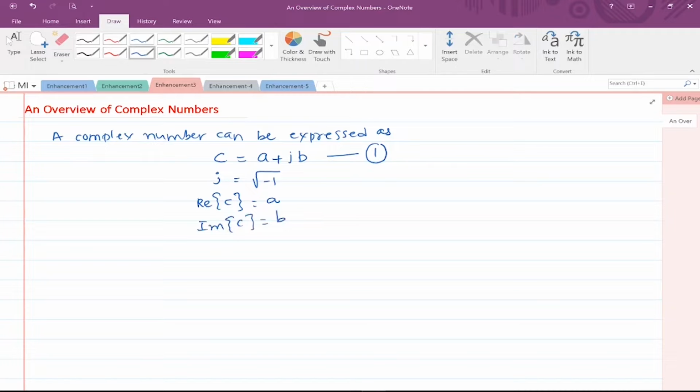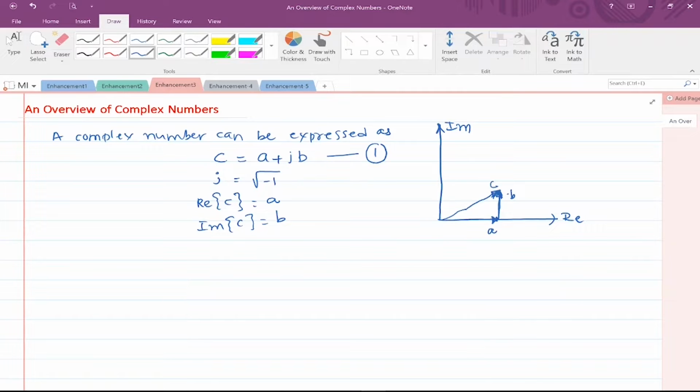So you have on one axis the real part, and on the other axis the imaginary part. This has a magnitude of a on the real axis and a magnitude of b on the imaginary axis. So this you could think of as your C. That's one way of representation.